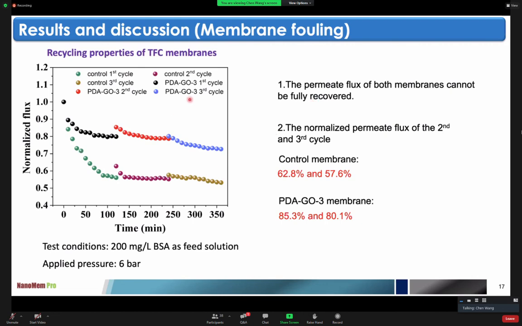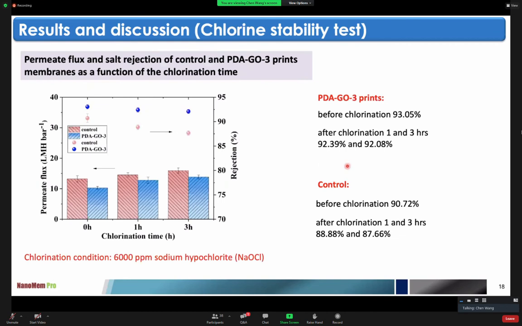However, our PDA03 membrane showed better anti-fouling and recycling property compared to the control membrane because of the higher normalized permeate flux at the second and third cycle. Then we did the chlorine stability test of the control and modified membrane. Both membranes were soaked in 6,000 ppm sodium hypochlorite solution for 1 and 3 hours.